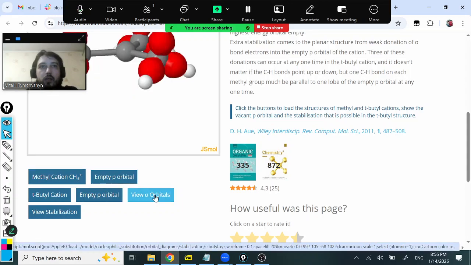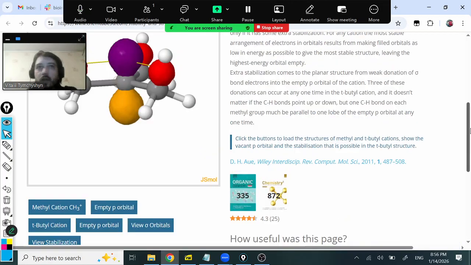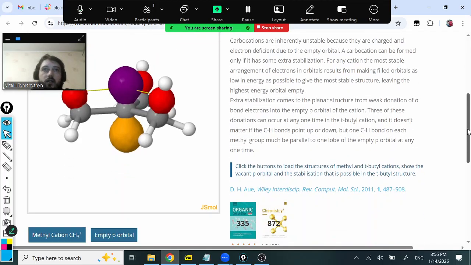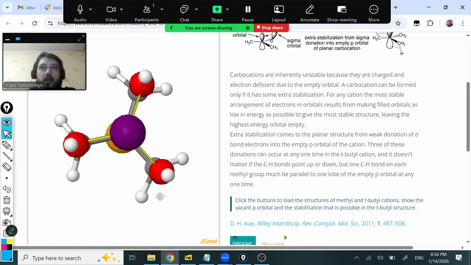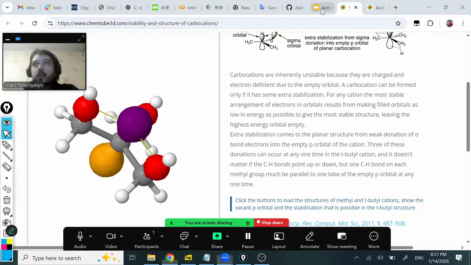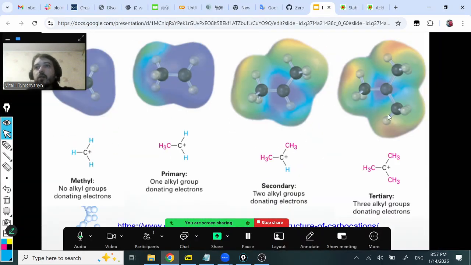Can we look at something more? That's not so interesting. Let's check this one. This is the tertiary cation. So we have a positive charge center and CH3 groups attached to this carbon atom.